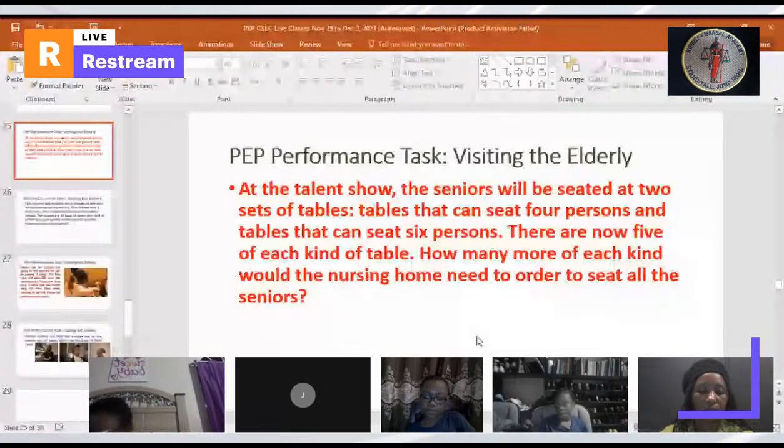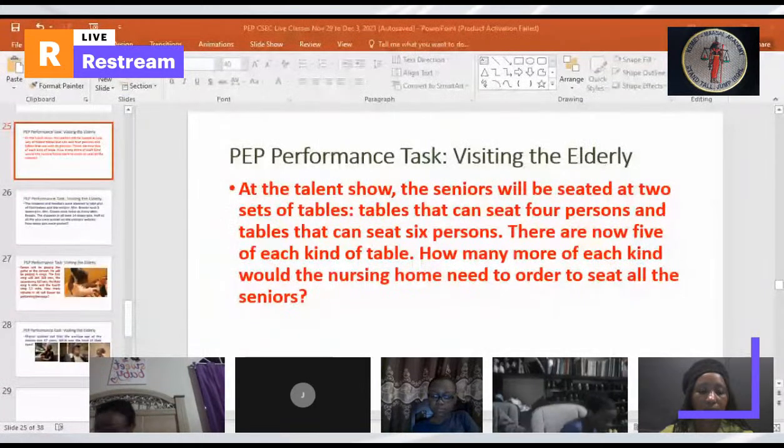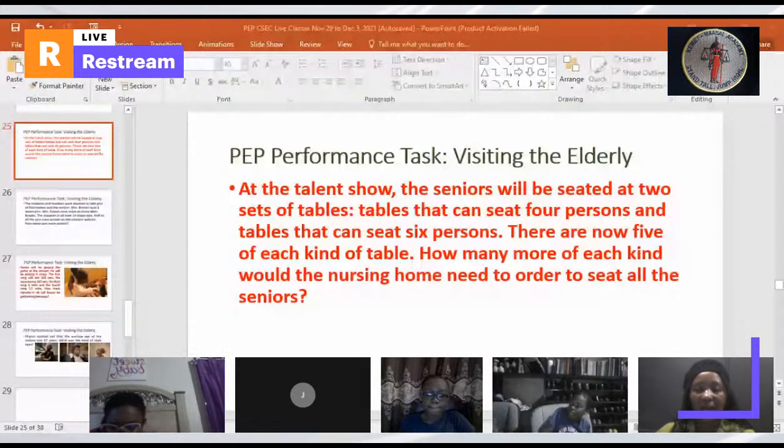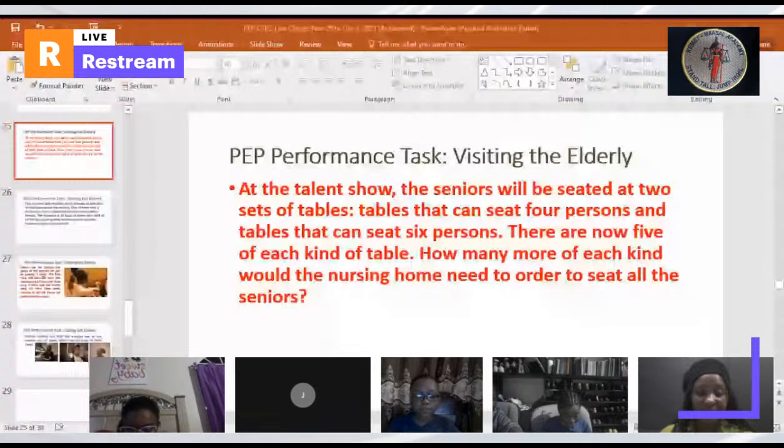All right. So some of the students are going to be performing. And the seniors, so right, 2 types of table. We have a table that seats 4 persons and a table that seats 6 persons. They have 5 of each table.